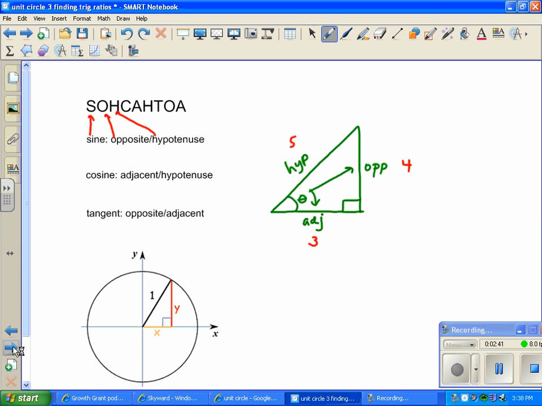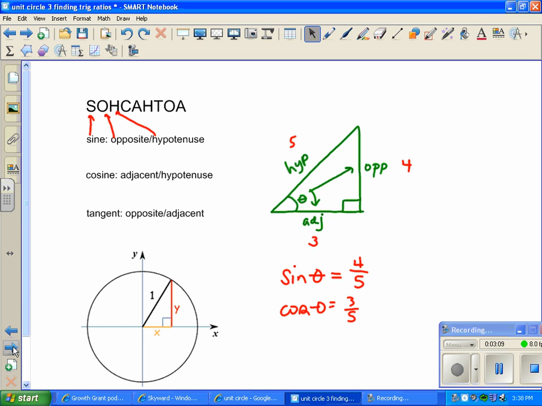But if I were to ask you what is the sine of theta, you would then pick 4 and 5 and write them in that order in the fraction. So 4/5. The ratio of the opposite over the hypotenuse is 4/5. And the cosine would be 3/5. Notice that both of those answers are fractions where their decimal approximations would be less than 1.